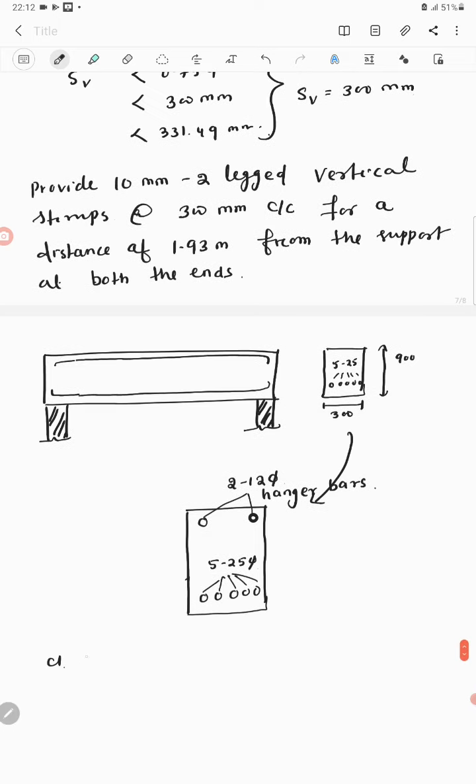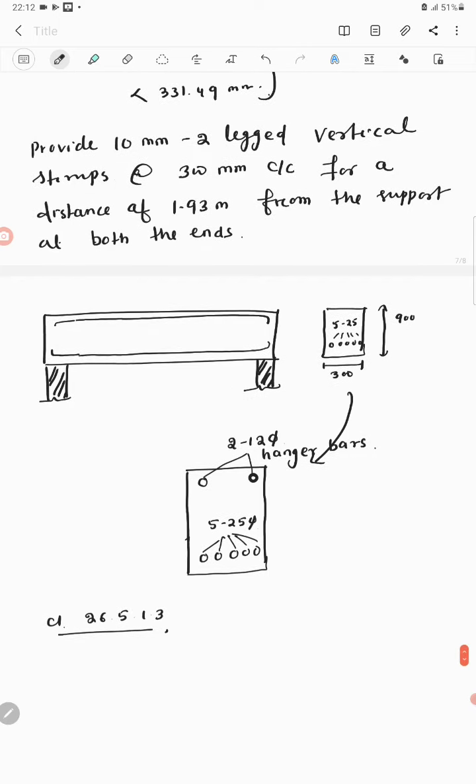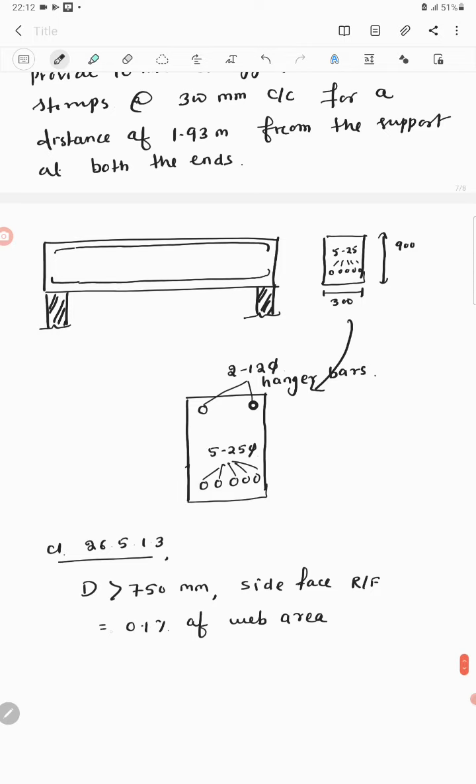Again, as per clause number 26.5.1.3, if the depth of the beam is more than 750 mm, we have to provide side face reinforcement of area 0.1% of the web area, which is equal to 0.1% of 300 into 850.